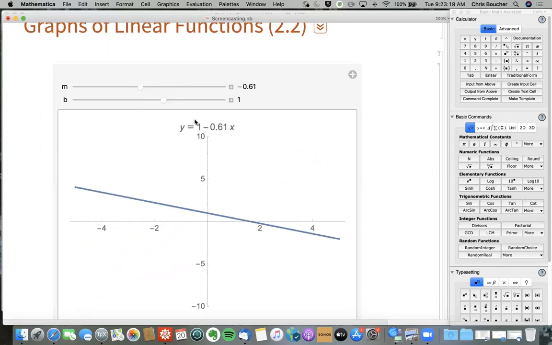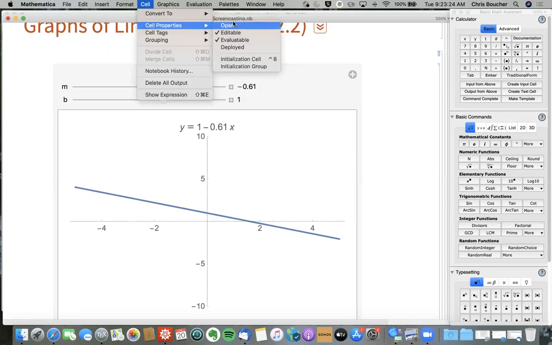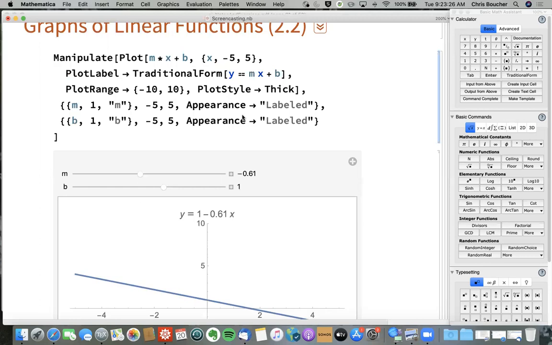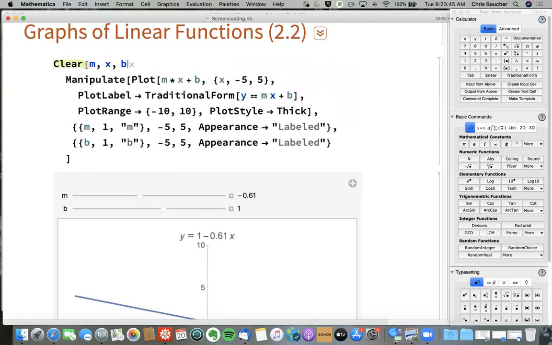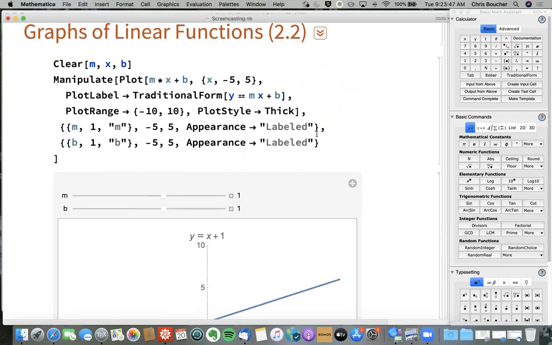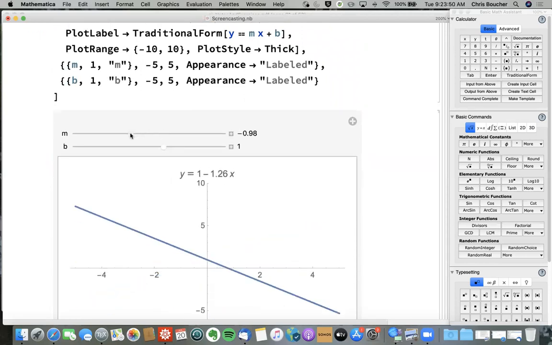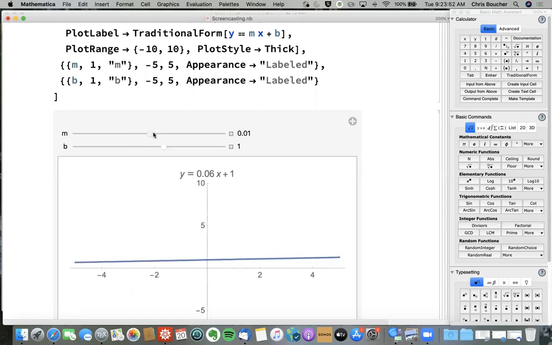Boy, that's an odd way to display that. Bear with me here while we check out what's going on in the code. Well, that doesn't help either.